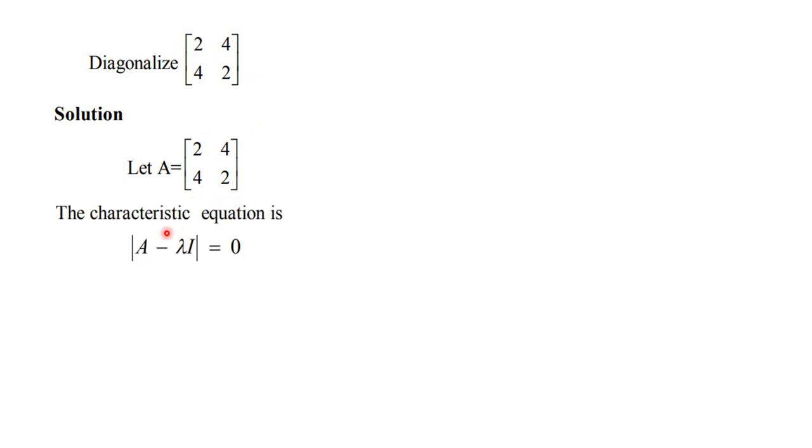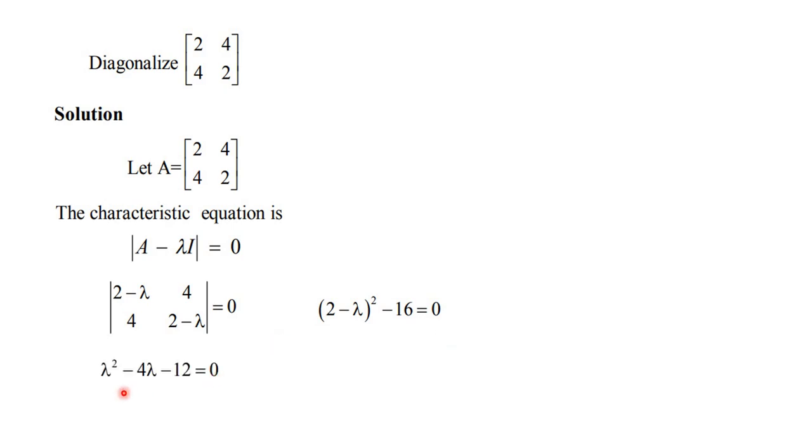Then for finding the eigenvalues, we take the characteristic equation. So the characteristic equation is determinant of A minus lambda I equal to 0. That is, we have the determinant of 2 minus lambda, 4, 4, 2 minus lambda equal to 0. Take the product diagonal wise: 2 minus lambda the whole square, minus 4 into 4 is minus 16 equal to 0.